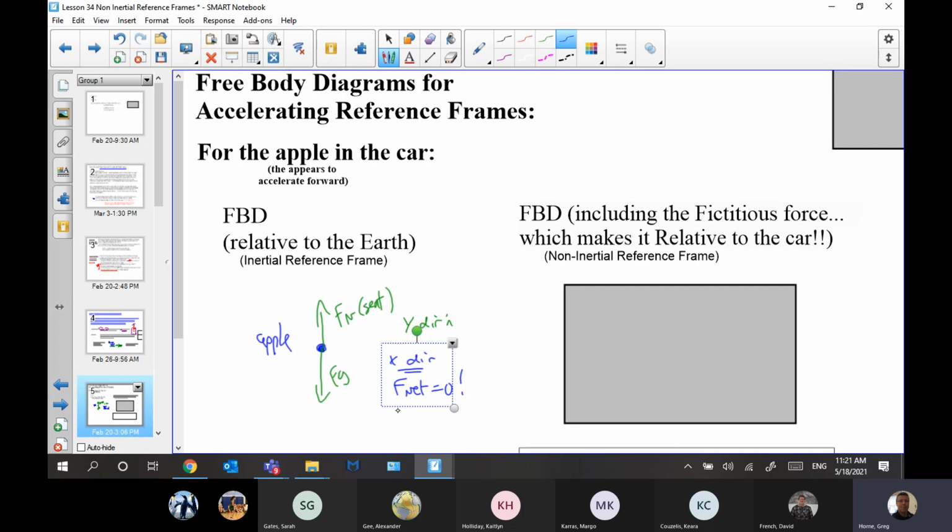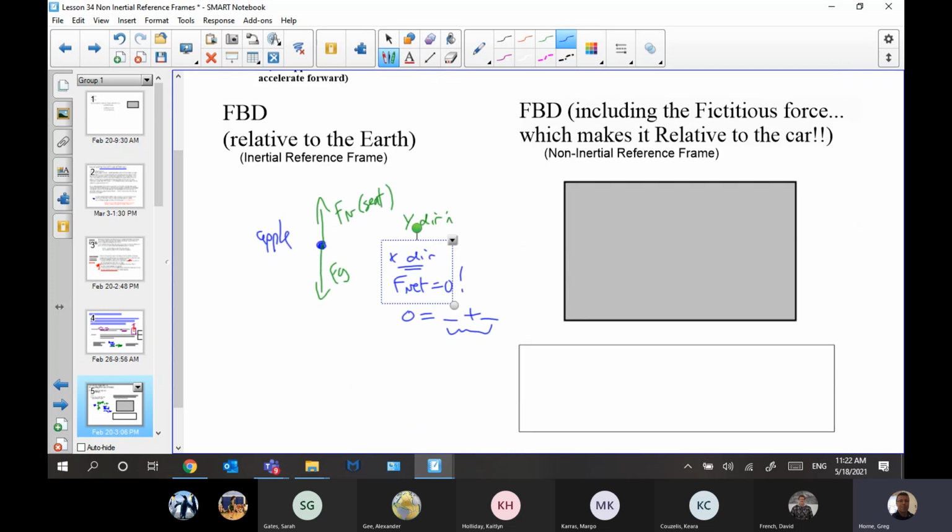There's no forces at all. Saying F net equals 0 isn't actually good enough, because it basically equals all these forces added up. I want to point out that there aren't any forces needed. So that scribble there says there's no forces needed for constant velocity.